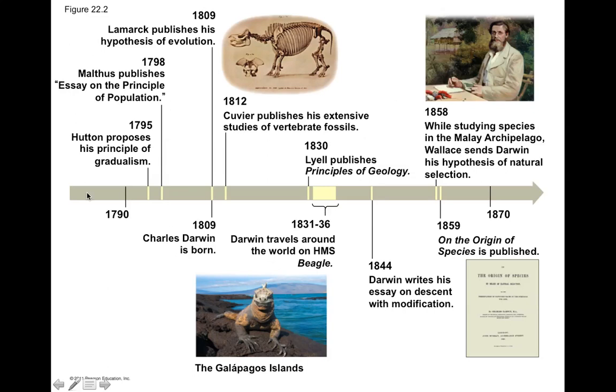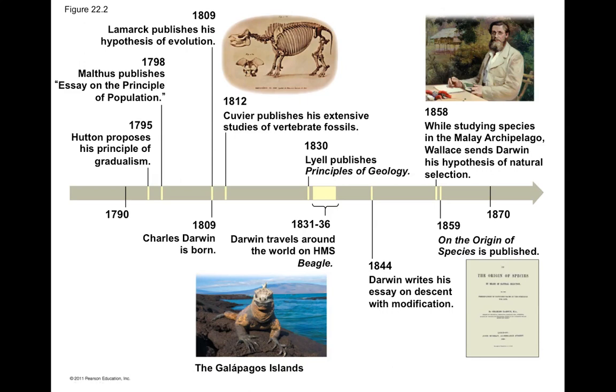So here's a timeline going from before Darwin was born in 1809 up until 1870, looking at several of the contributors to Darwin's way of thinking, at least around his same time period, his contemporaries. Hutton, Malthus, Lamarck, Cuvier, Lyell, and Alfred Russel Wallace.